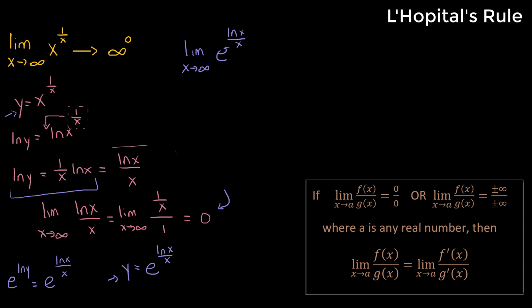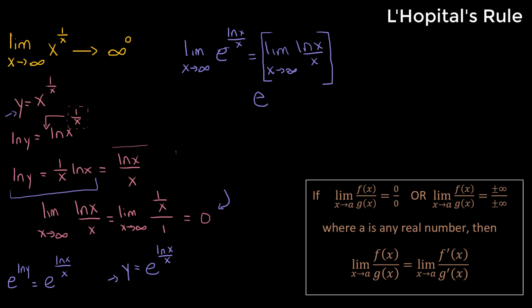So here, the limit as x approaches infinity of e raised to this power is equivalent to e raised to the power of the limit as x approaches infinity of ln x over x.